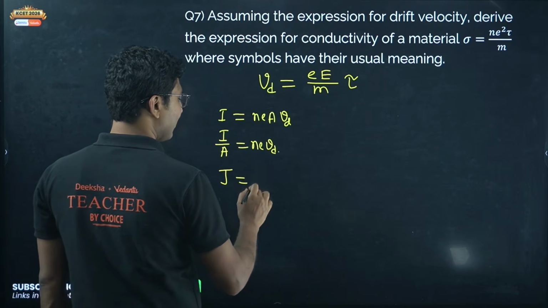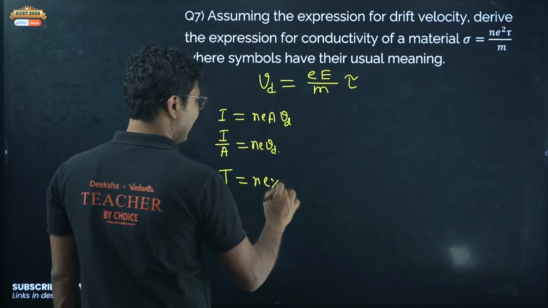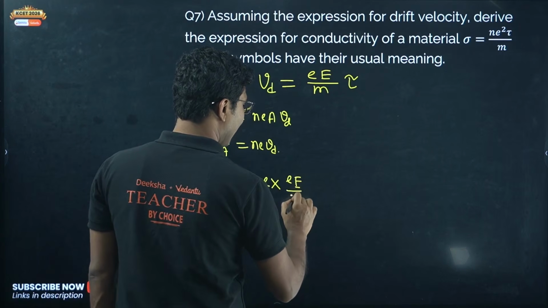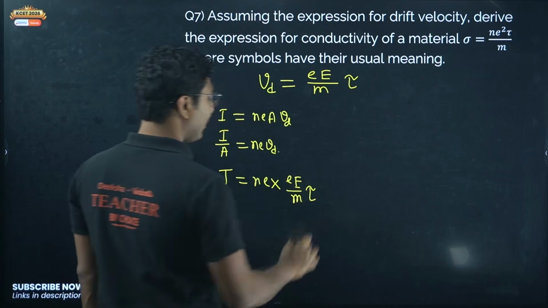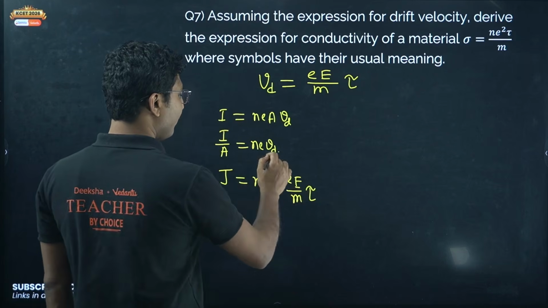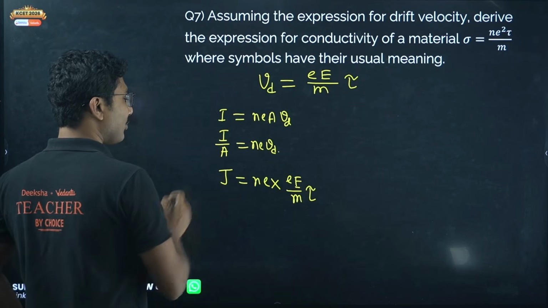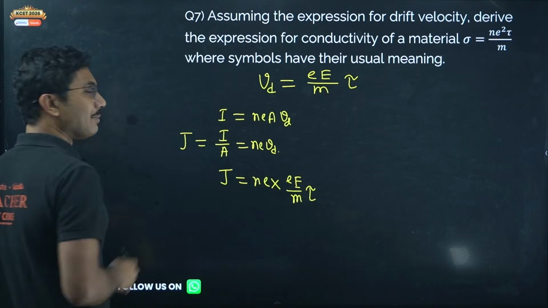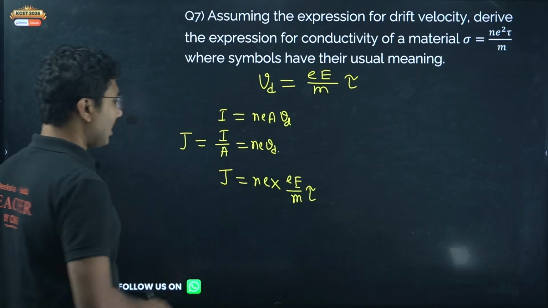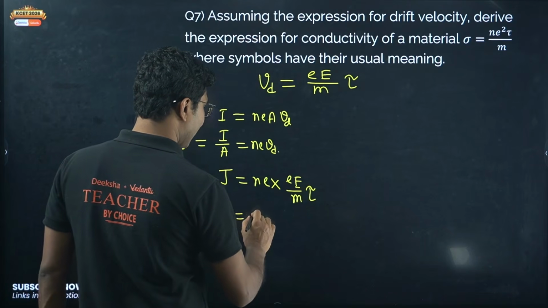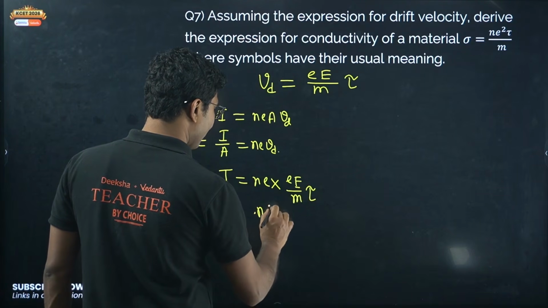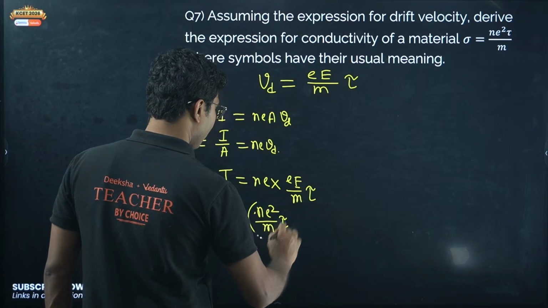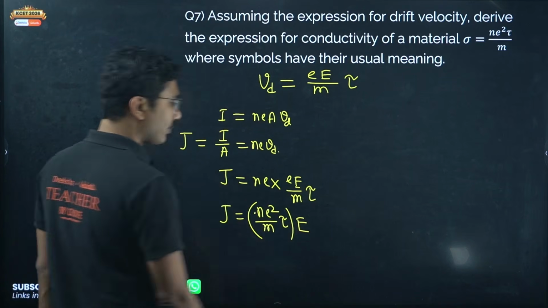So current density equals ne into eE by m into tau, if you put the value of v_d in this equation. I upon A is J, current density J. So J equals ne square tau by m into E.